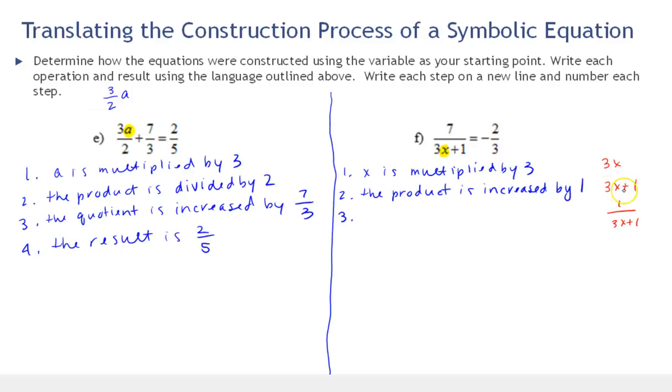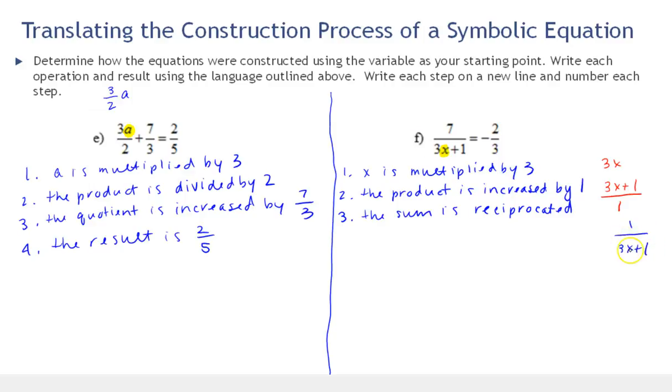So we could think of 3x plus 1 as 3x plus 1 over 1, and we want to reciprocate or put the denominator in the numerator, numerator in the denominator. So that's the next step. So the sum is reciprocated. Okay, so at this step we now have 1 over 3x plus 1.